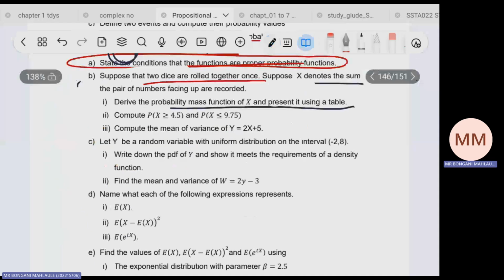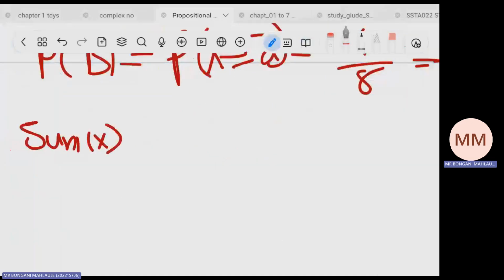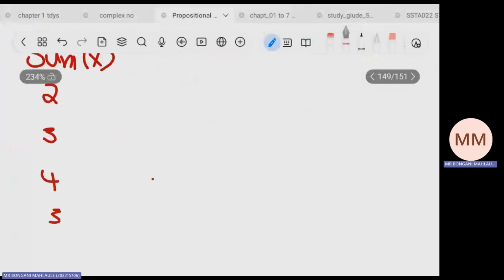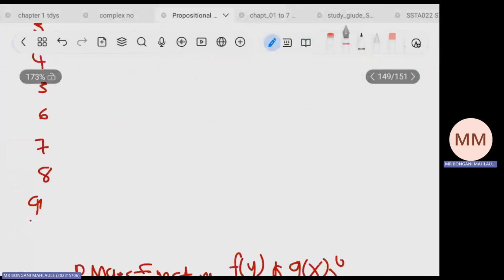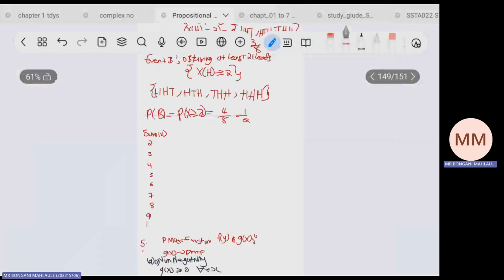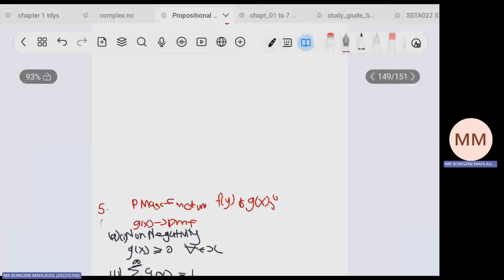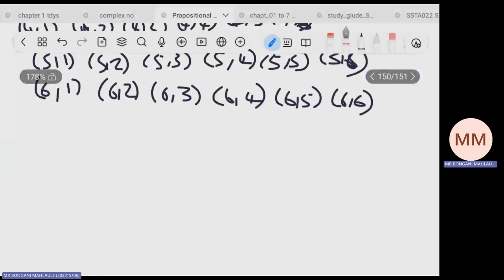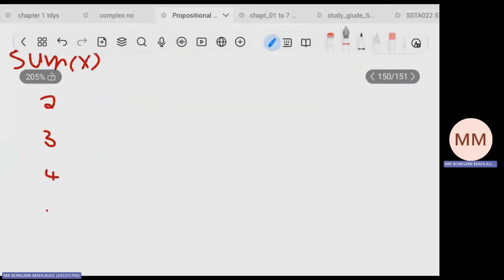So I'm going to do the sum of x values when we get 2, 3, 4, 5, 6, 7, 8, 9. I should be writing this on that side, here, the sum of values of x: 2, 3, 4.